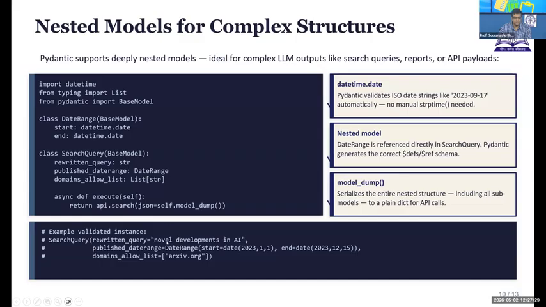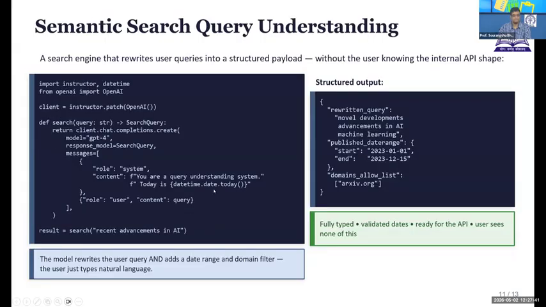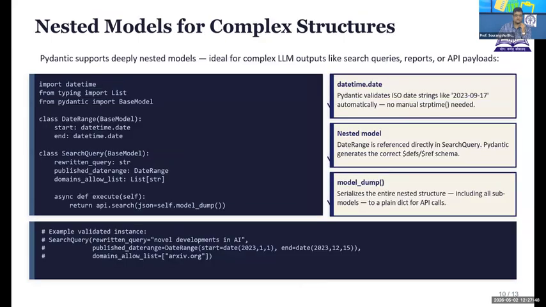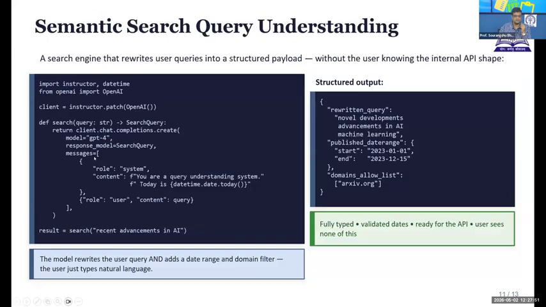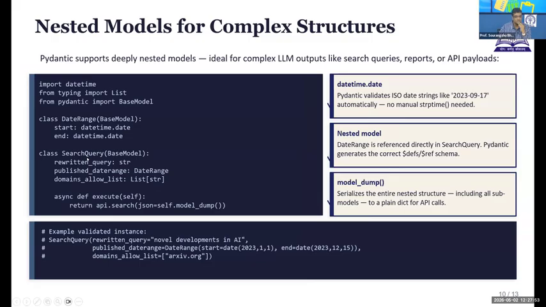You provide an initial search query, and it creates a rewritten query, a date range, and an allowed list. So that is your new Pydantic schema. What is your schema? You want to have the structured output as a search query. This has a complex hierarchy and so on and so forth.